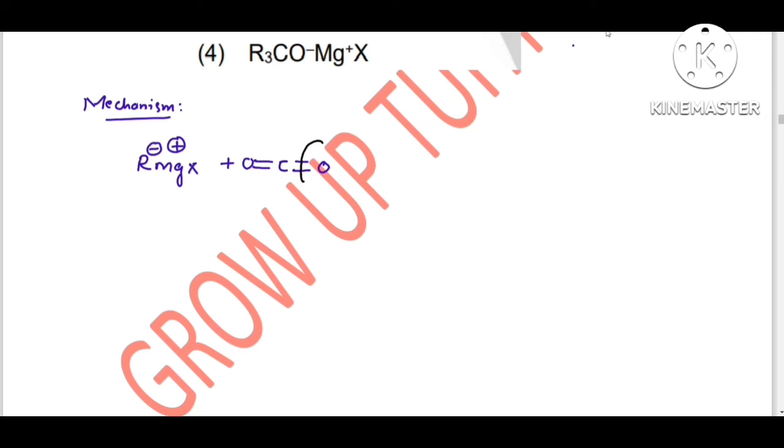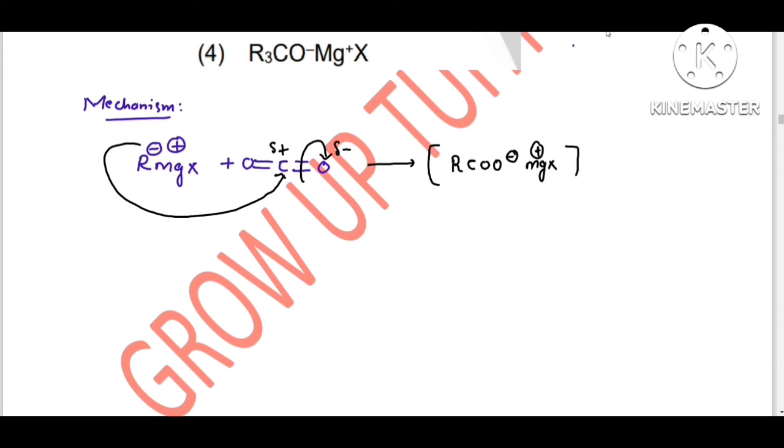That's why the bond is shifted towards oxygen. Carbon has the partial positive charge and oxygen has the partial negative charge. The negative R attacks the partial positive carbon to form R-COO minus, and this minus is neutralized by MgX plus. This is the product Y.